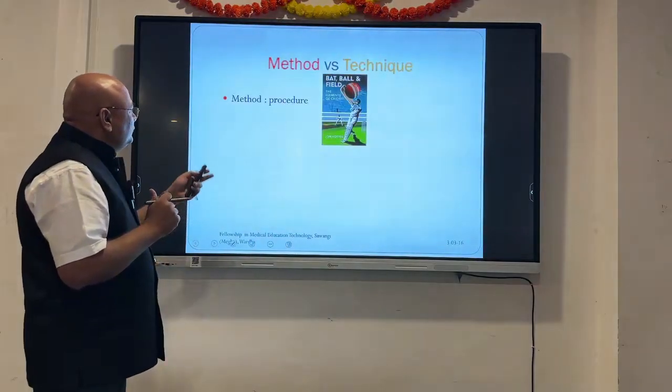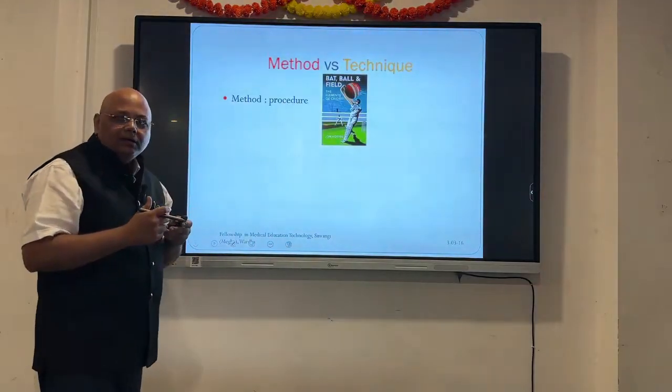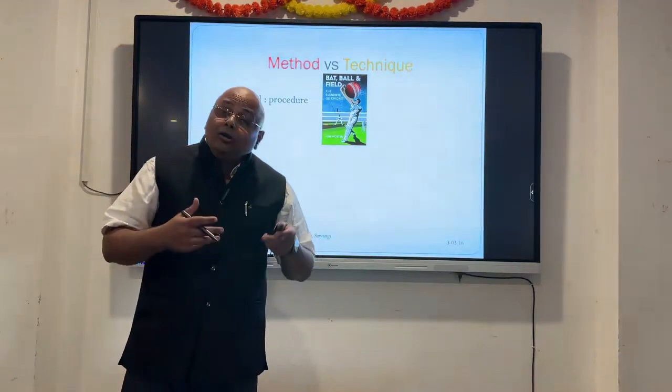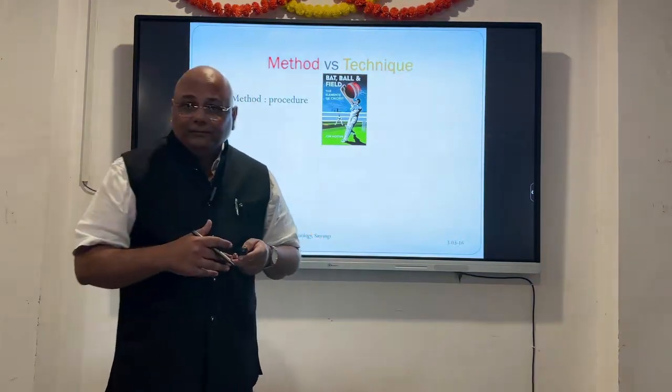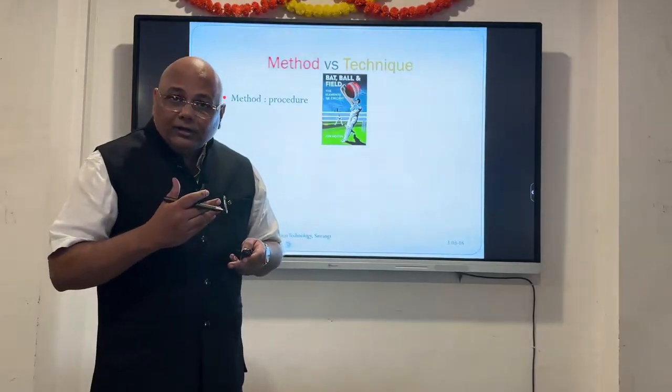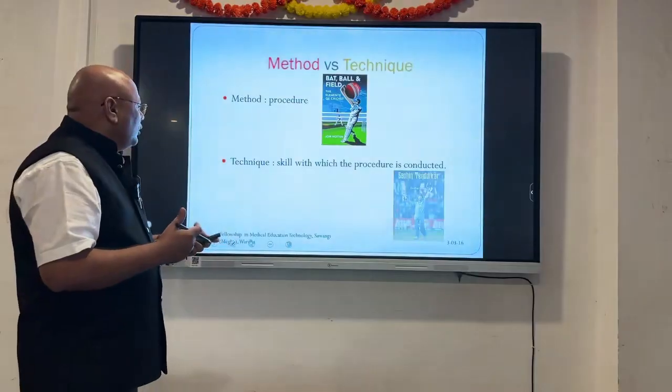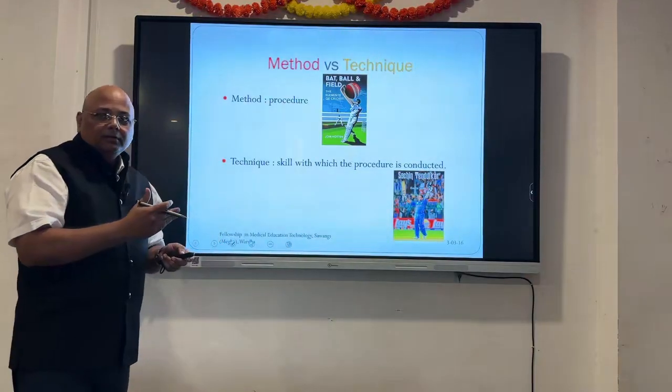Method is the procedure. There can be one book written on how to play cricket. That is a methodology of how to play cricket scientifically. But when that methodology is practiced again and again, it becomes technique.